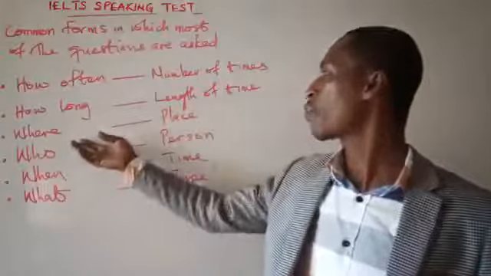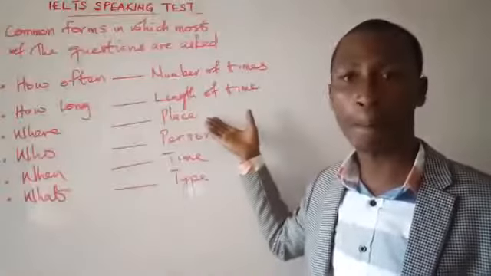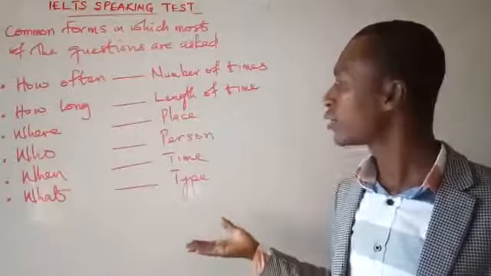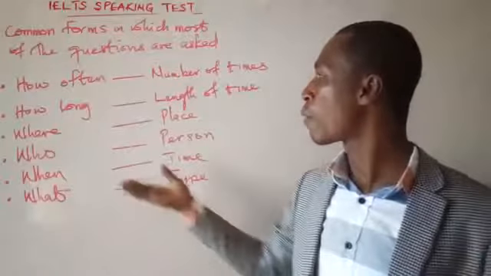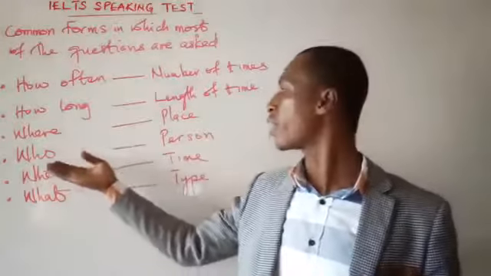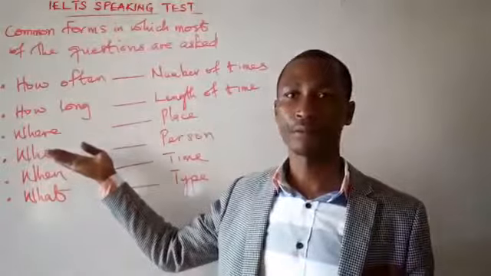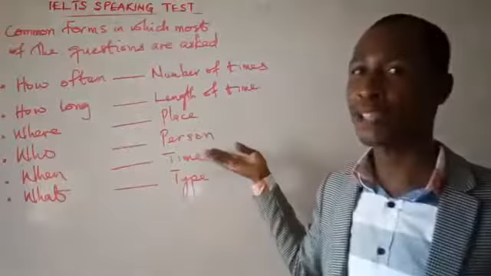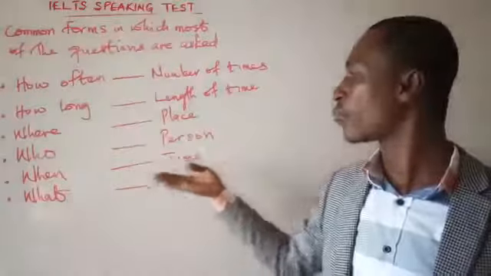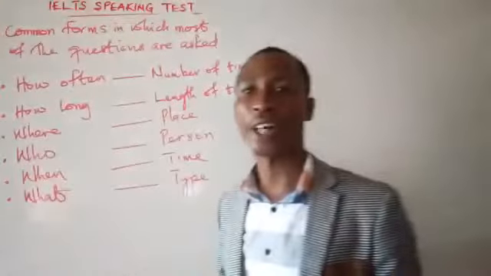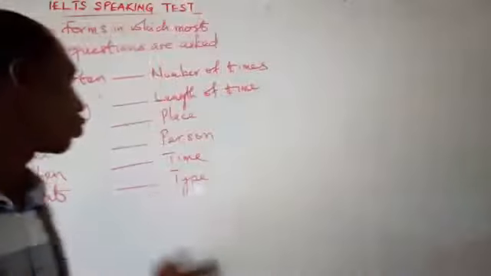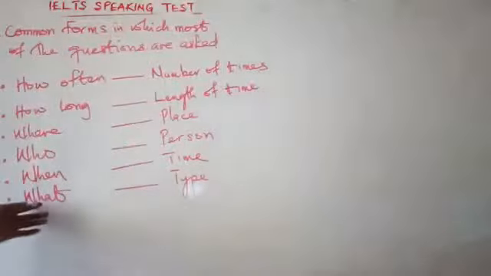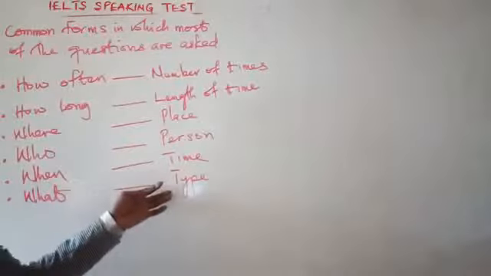Good. Now we come here where definitely we're talking about place something is done. Then we have who. It's a relative pronoun, so it's talking about person. Good. And when, definitely we are looking at time. And then we also look at what, which is talking about type.